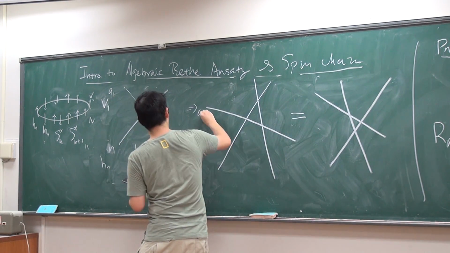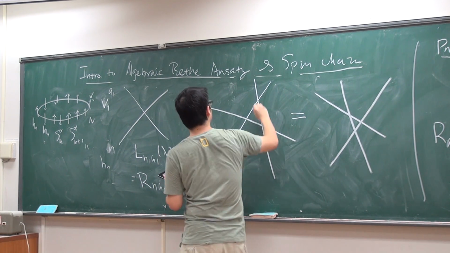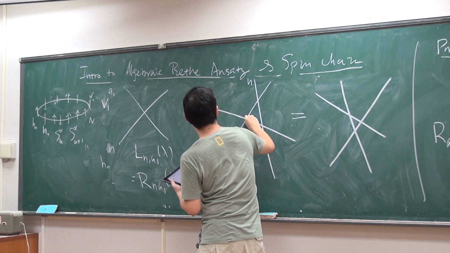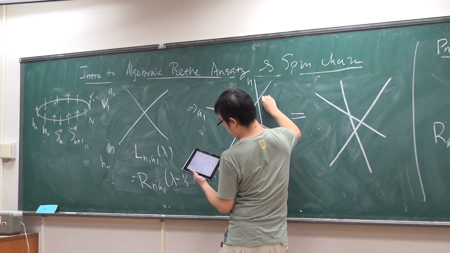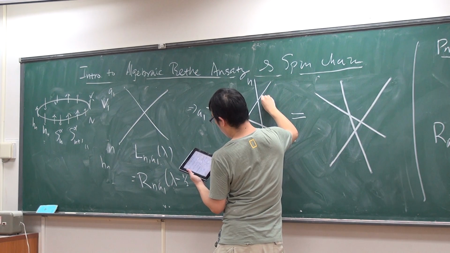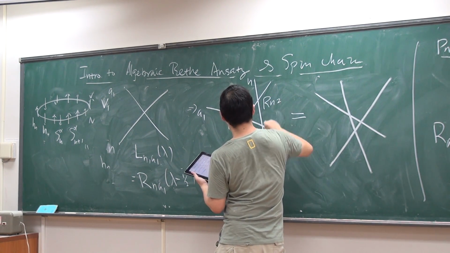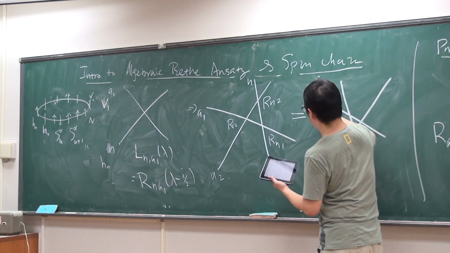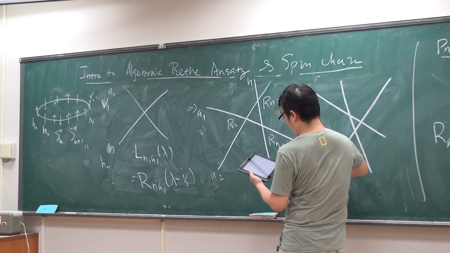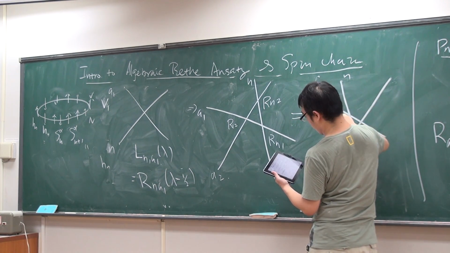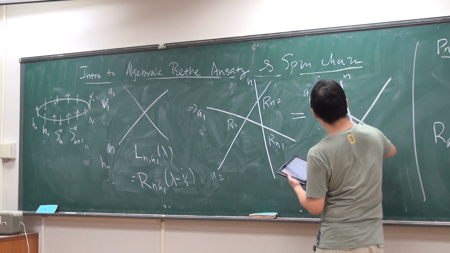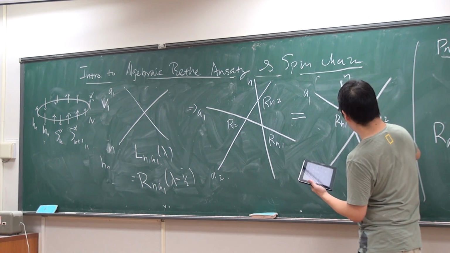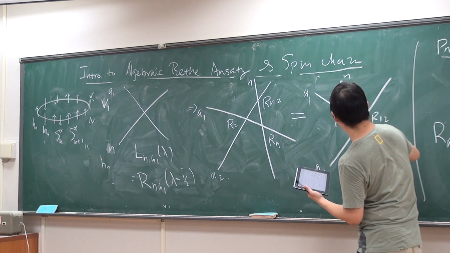With labels V1, A2, n, and then this will be R12, this will be R_n2, and this will be R_n1, whereas here will be again A1, A2, and this will be R_n1, R12, and so on.